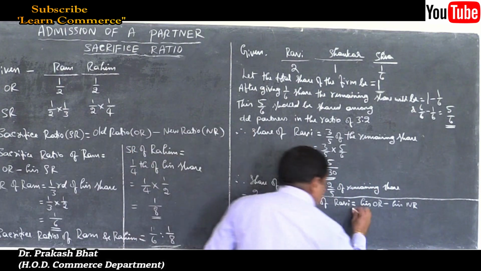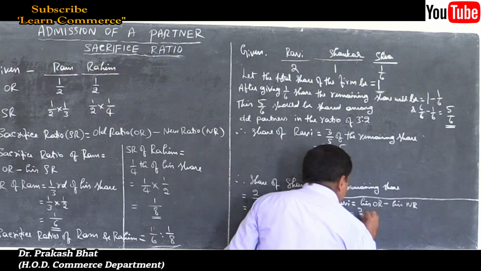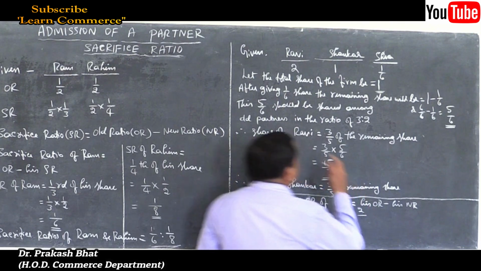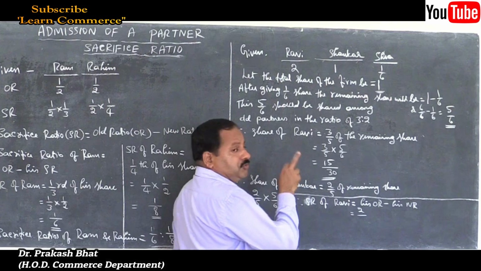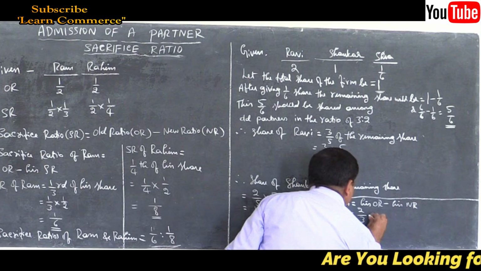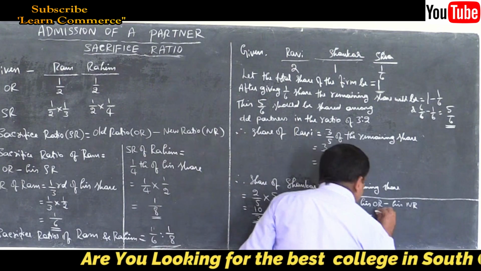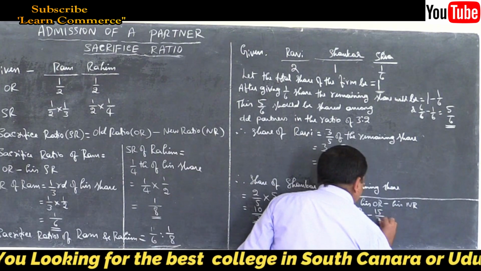Old ratio given in the problem 2:1, so 2 plus 1 is 3, 2/3 minus new ratio 15/30.